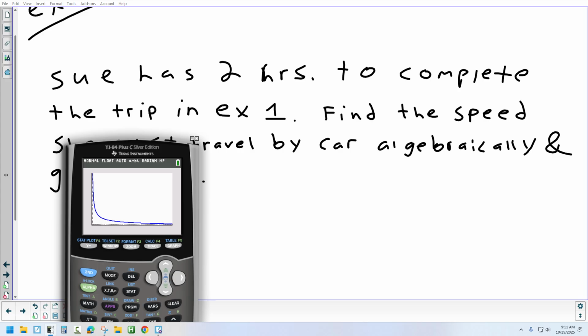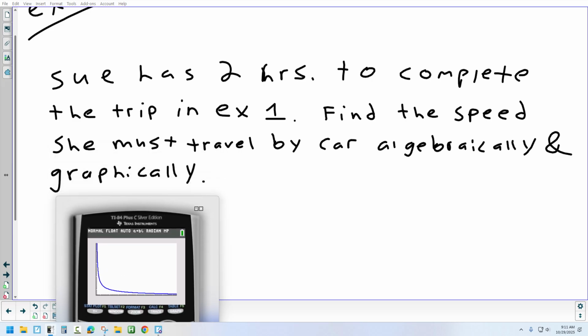What's one more thing we know about the time of this trip? Yep. It's not going to be 0. It can never be 0, right? No matter what, the time is always going to have some positive value, regardless of the speed of the car. Okay? Because we have a horizontal asymptote at 0, practically that just makes sense. You can't complete a trip in 0 amount of time.